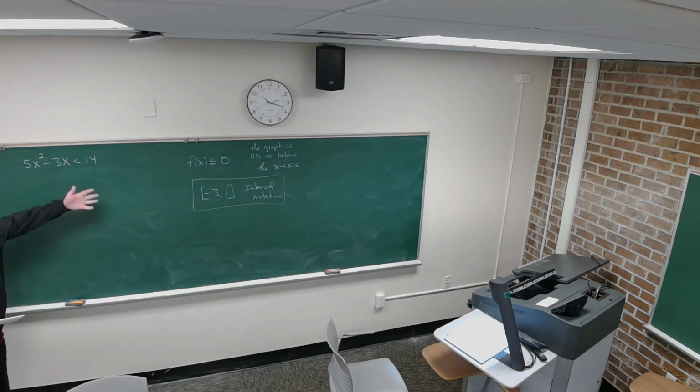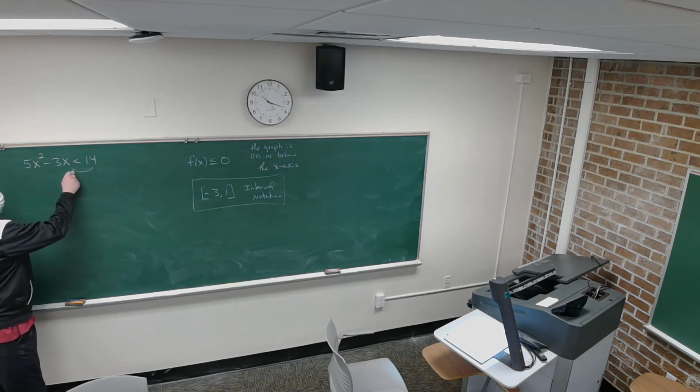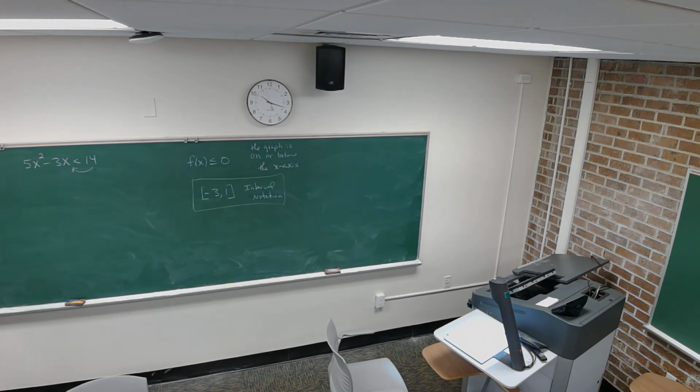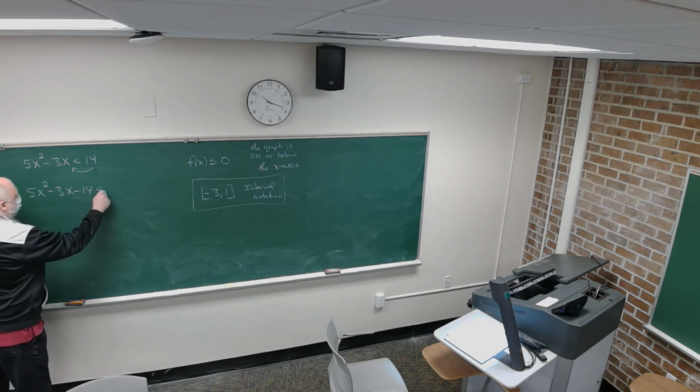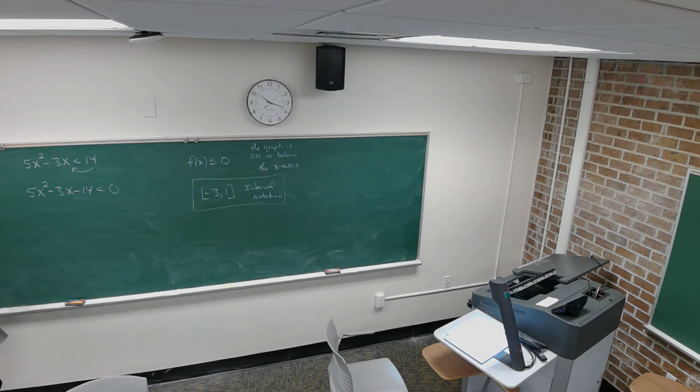But we can't just solve it like we did with a linear inequality. So step number one, we write the expression so the inequality is greater than 0 or less than 0. We can get 0 on the right-hand side by subtracting 14 from both sides. We have 5x squared minus 3x minus 14 is less than 0.